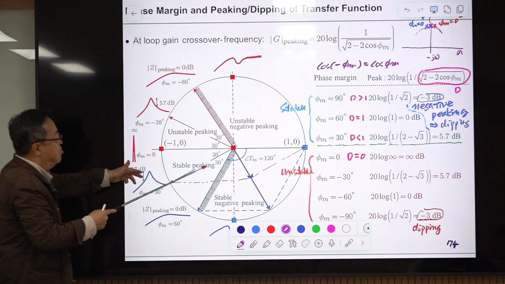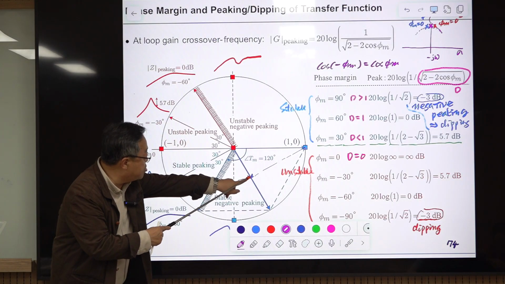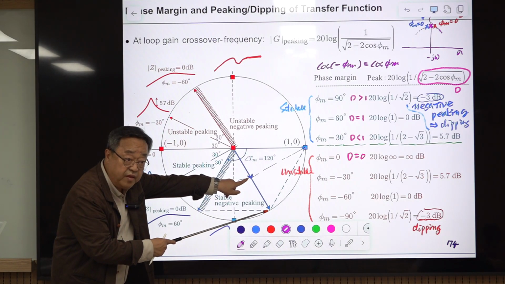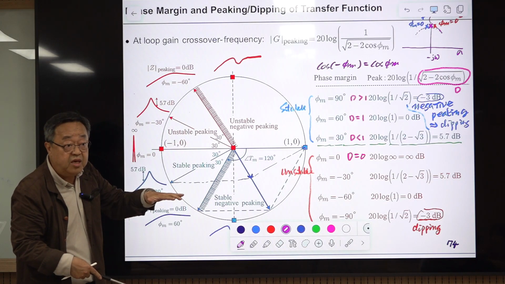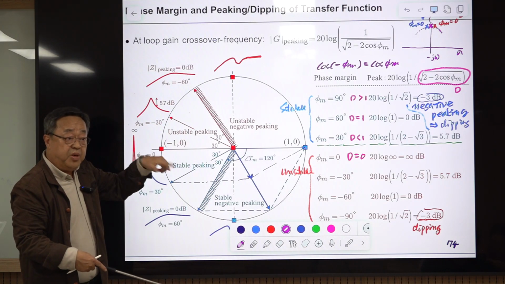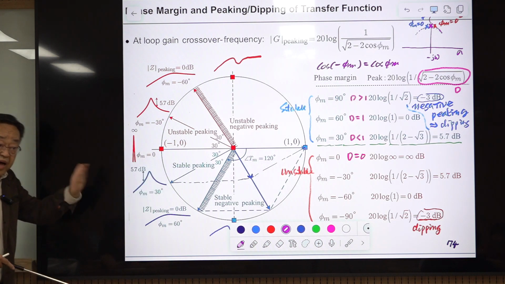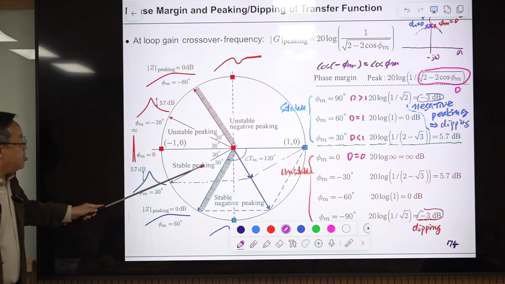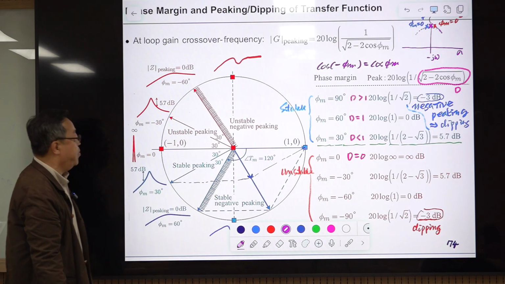Then the addition of this one becomes this one. The length of this is obviously smaller than this one. Then the denominator becomes smaller than unity, so the peaking is 1 divided by the denominator. So the peaking becomes positive. Because this is smaller than unity, it will generate peaking.